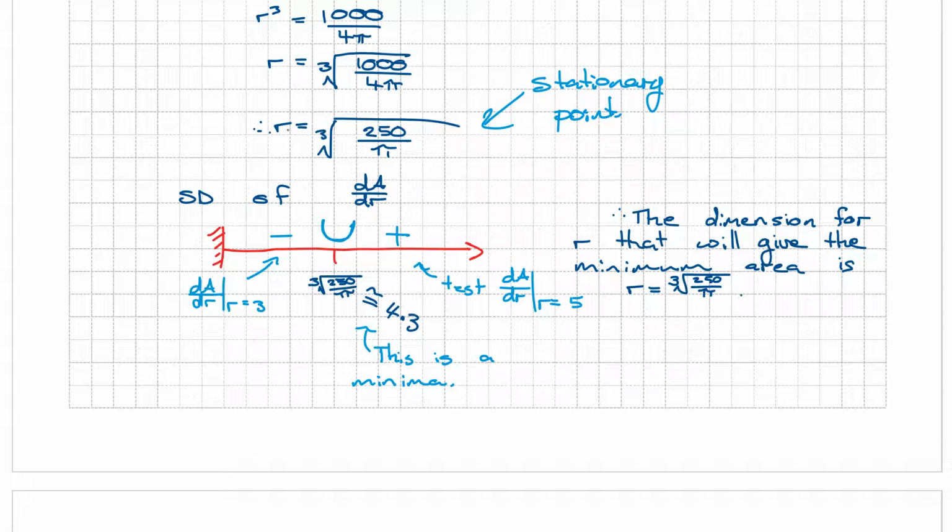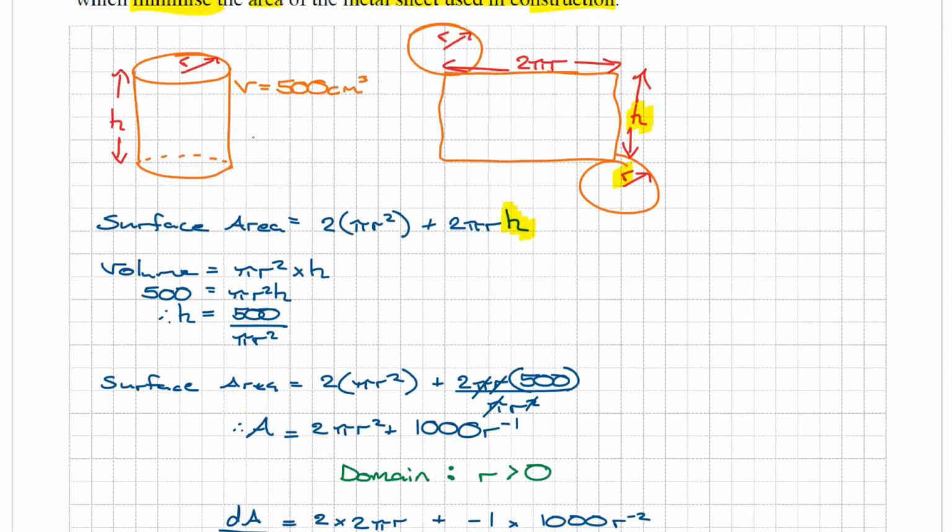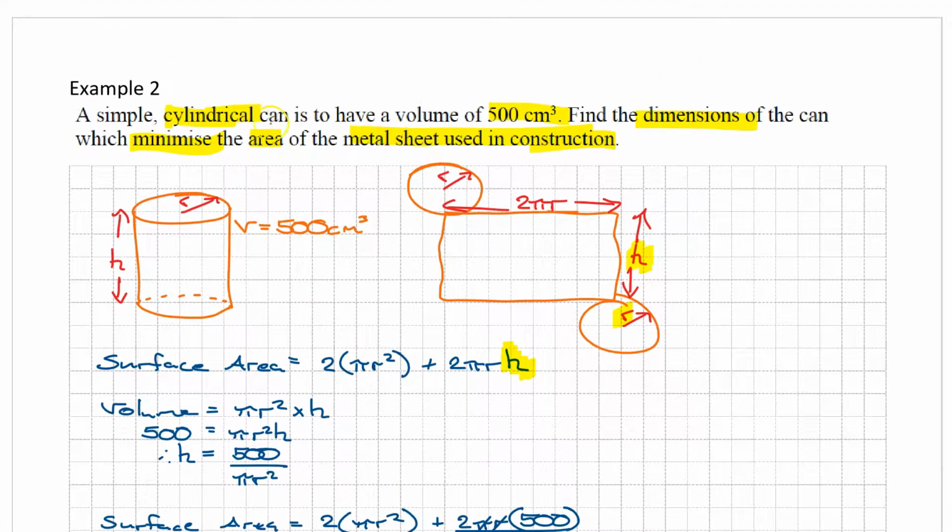Now, you don't have to leave it in this exact form, but having said that, you don't have to evaluate it either. Me personally, I choose to leave it in its exact form purely because I don't like having to deal with rounding errors. So this is an example of how we would optimize a problem involving volume and area.